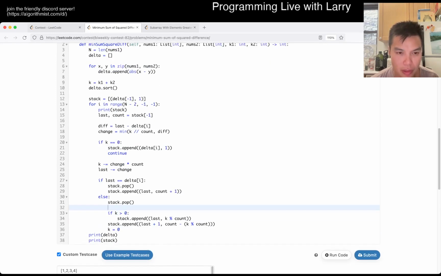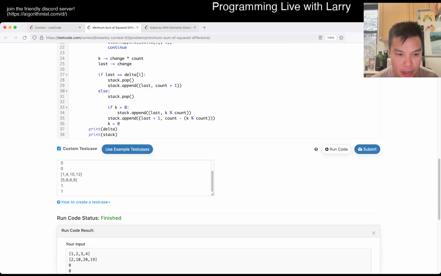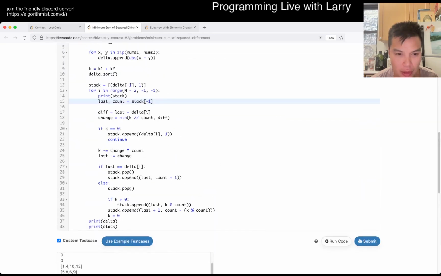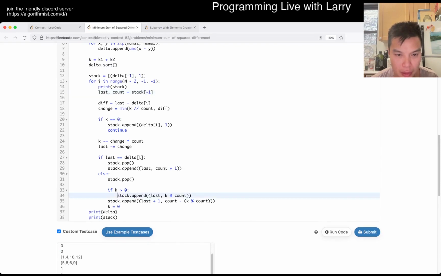We have 0, so this is going to be 0, so this is going to go to here with a 4, 3. Four, 3, K is equal to 2. What does that mean? It means that we append.